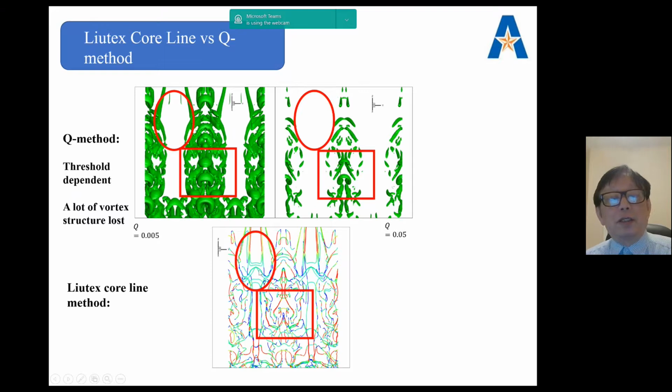But this structure never changed because they don't need a threshold. So this is unique. Apparently, a lot of vortex structure is lost if we use the Q method or other second generation vortex identification methods.